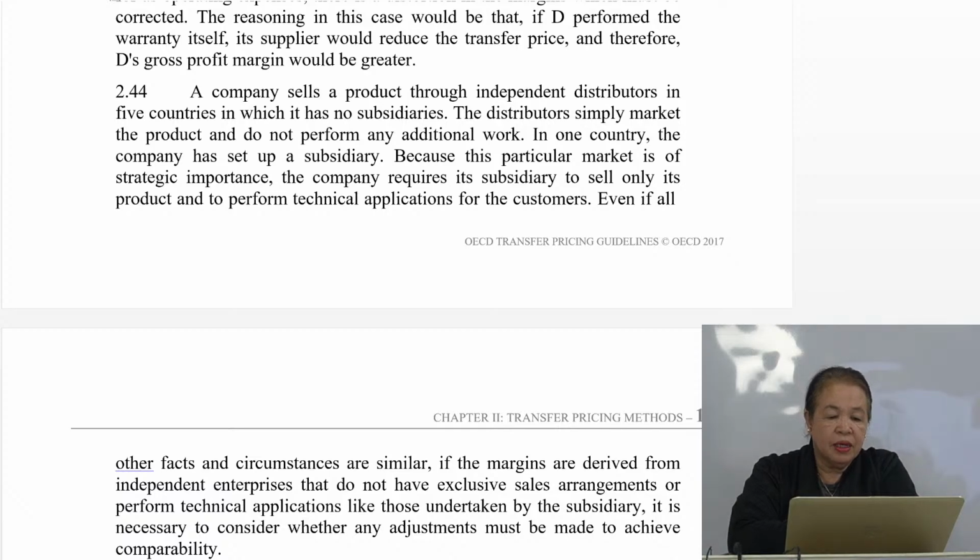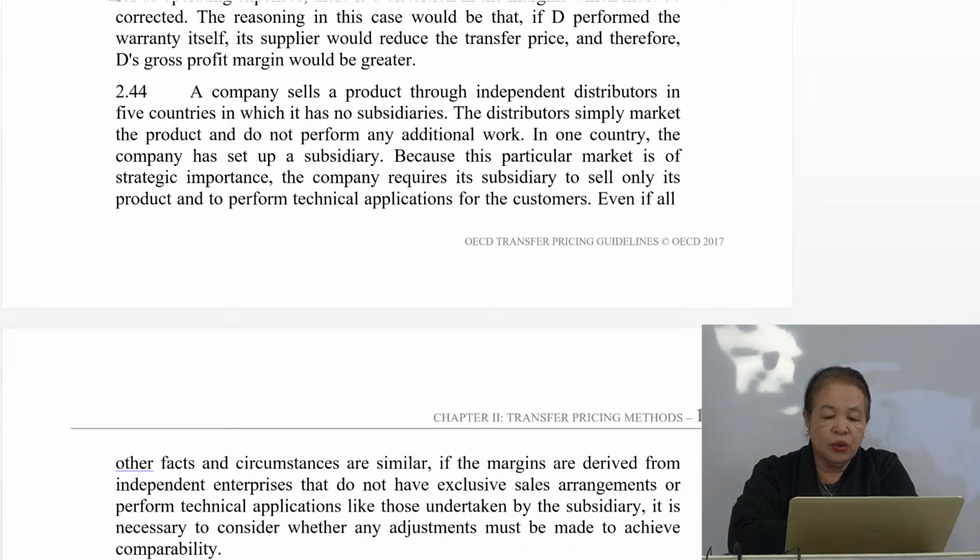Another example: a company sells a product through independent distributors in 5 countries in which it has no subsidiaries. So the distributors simply market the product and do not perform any additional work.